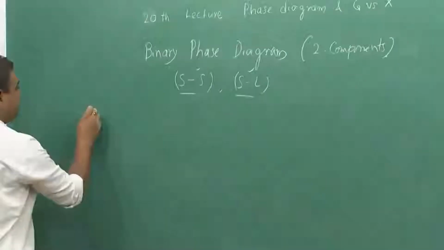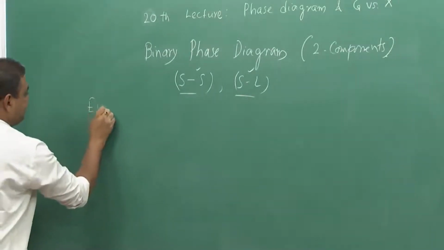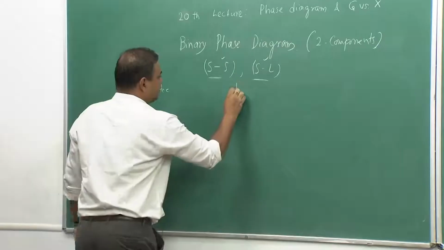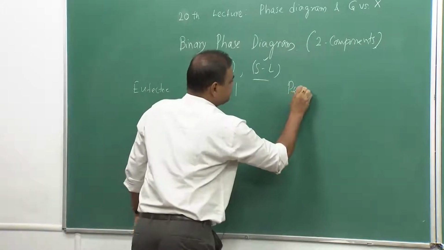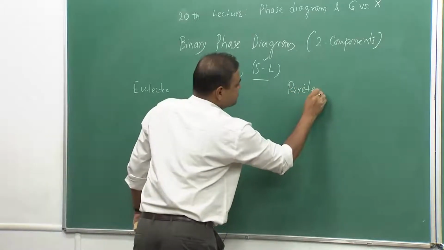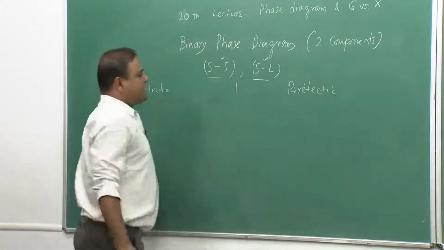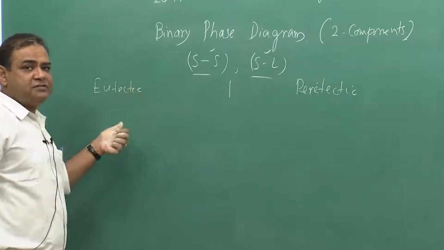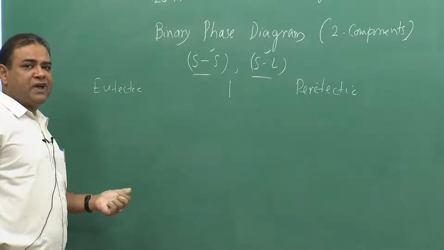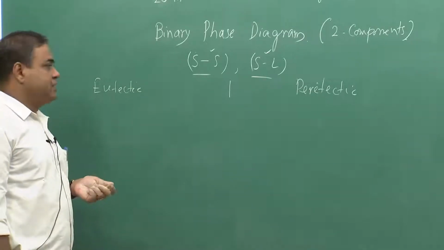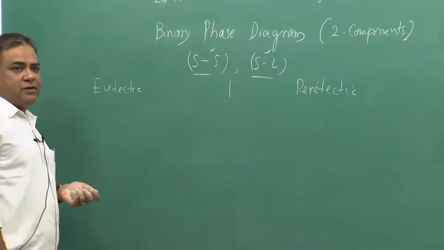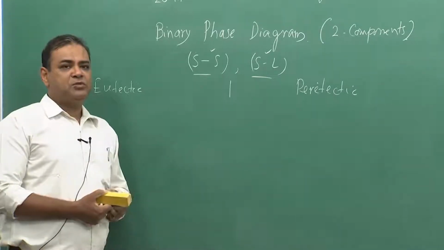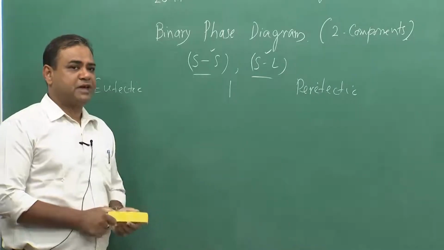So, first let us see eutectic, and then we will talk about peritectic, and you will be amazed that these two reactions are possible in the iron carbon system. For example, cast iron, as we can see that many of those machine components are made of cast irons.